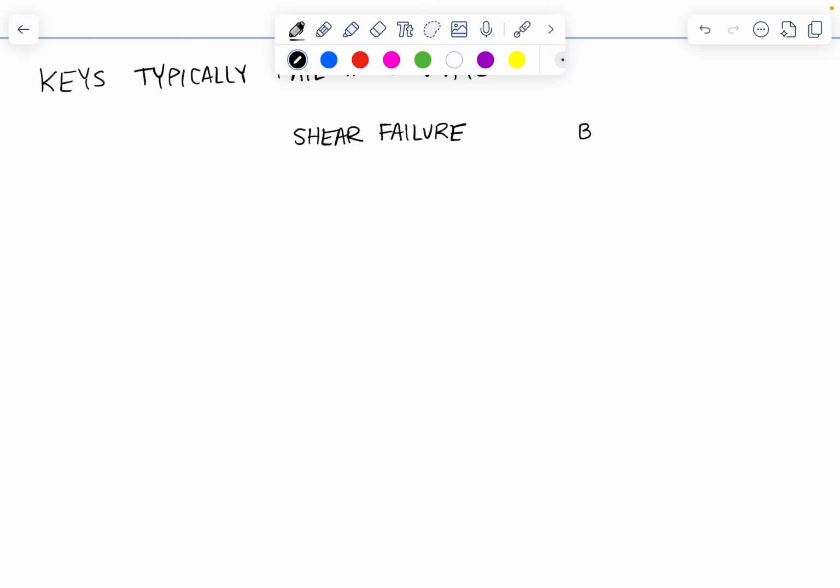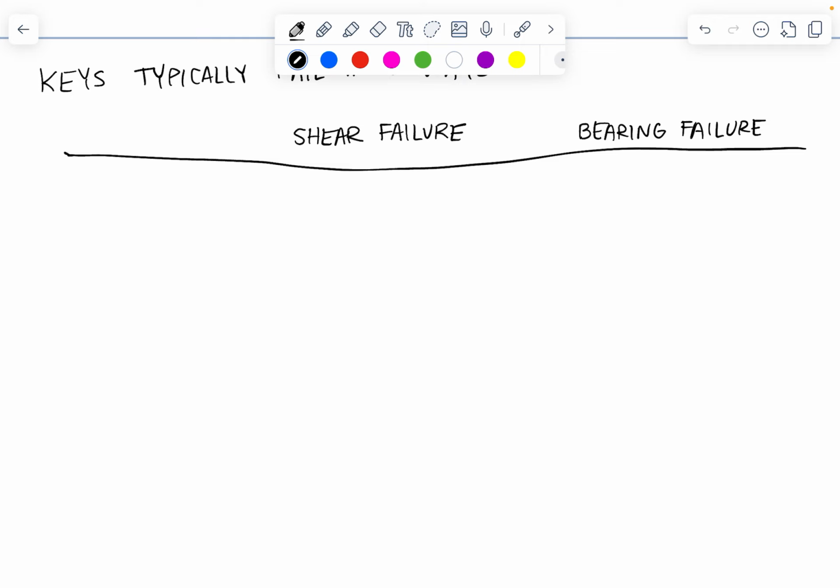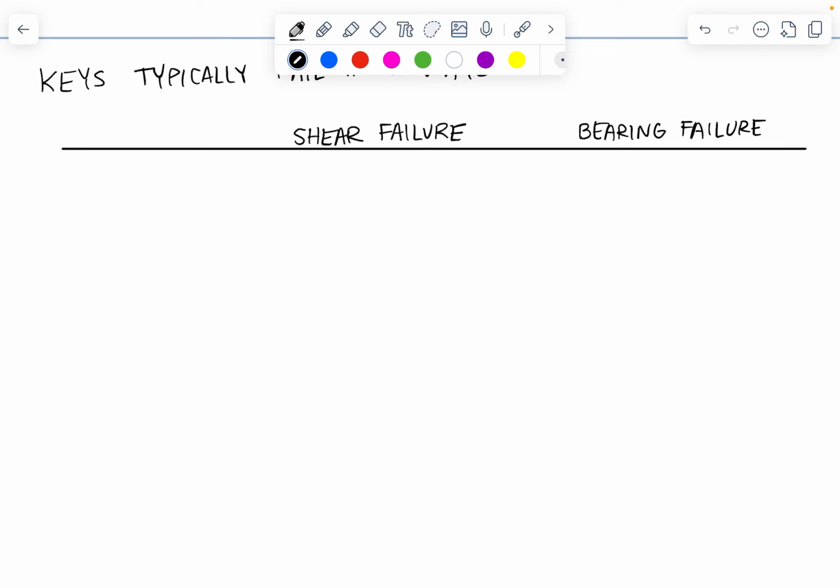And the second is a bearing failure. Make a little table, go through each of these.